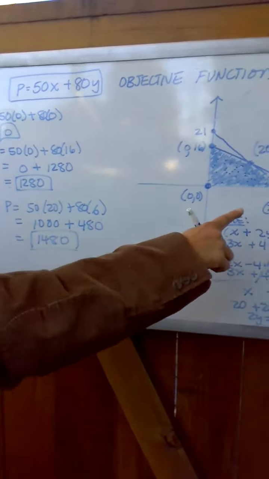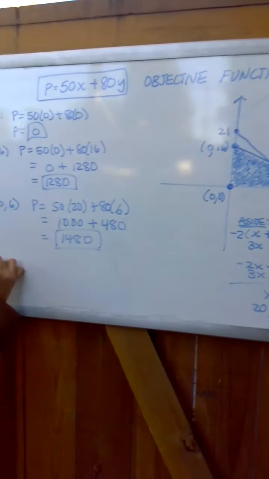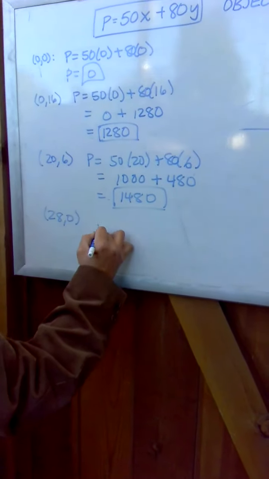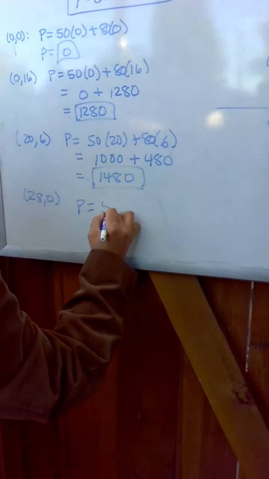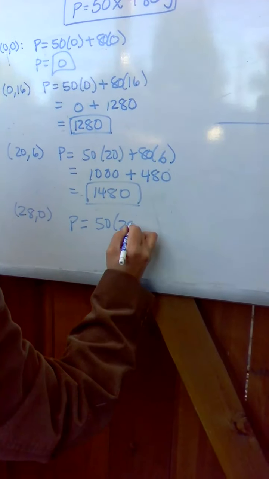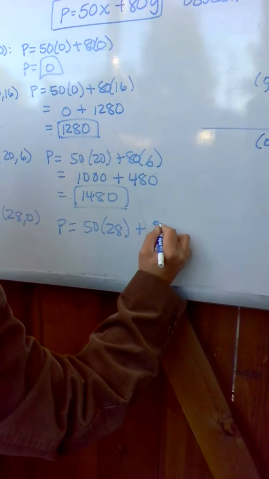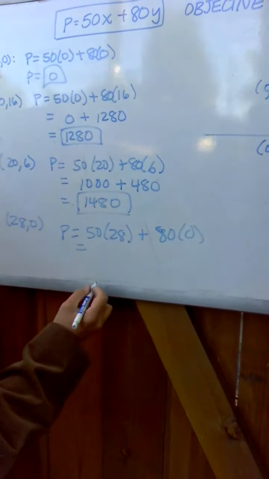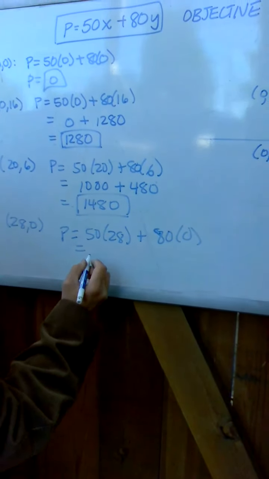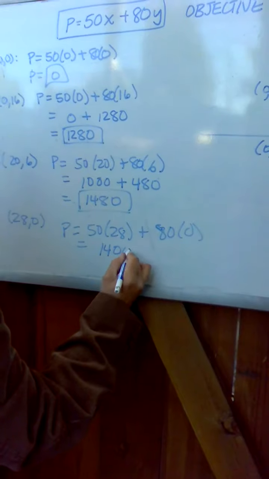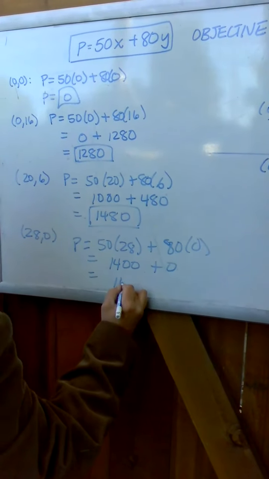And then we have one more to test, 28, 0. We get 50 times 28 plus 80 times 0. So here we get 1,400 plus 0. So that's just 1,400.